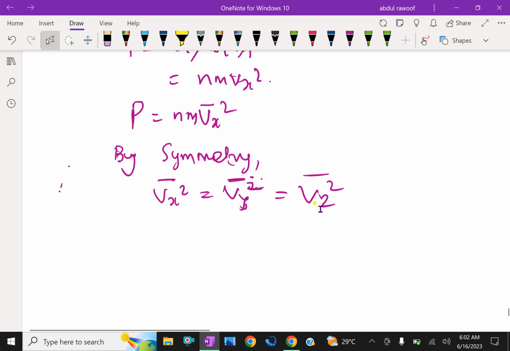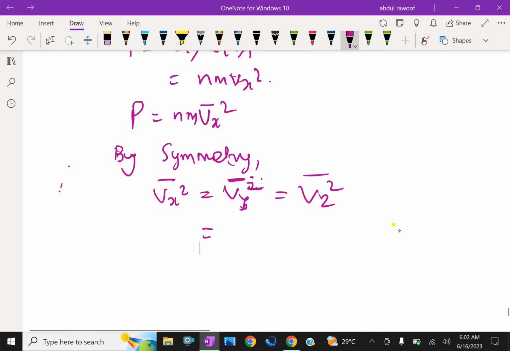All are the same. Adding all, we get 3 Vx square.